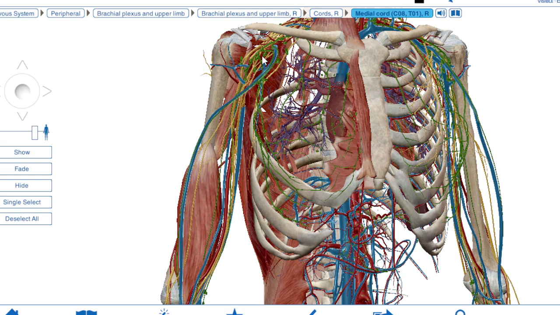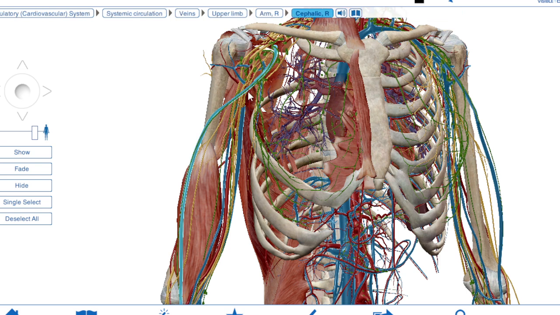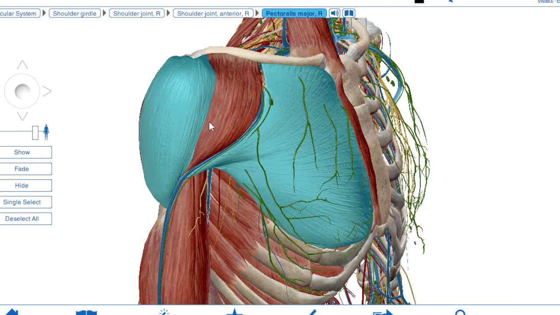Sorry. Show all. I am showing it all again. I show all these muscles. Now from the back side, I will remove all muscles from the back side, so it will become easy.